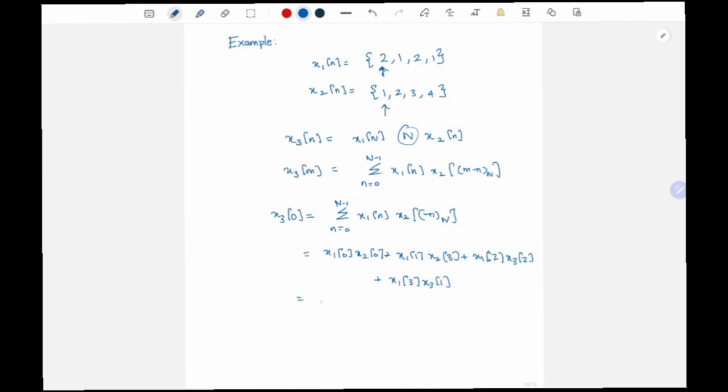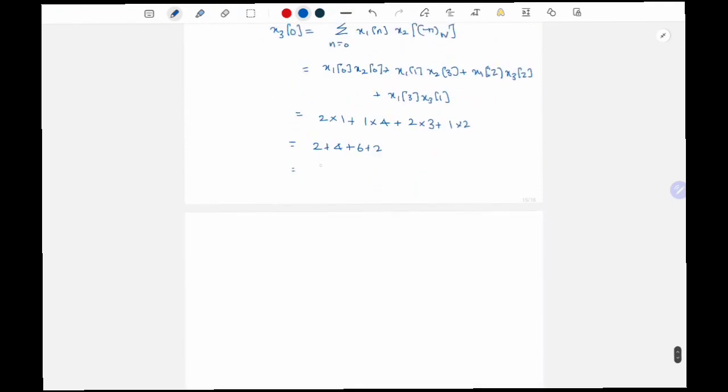So what will this give me? This is 2 into 1 plus 1 into 4 plus 2 into 3 plus 1 into 2. So 2 plus 4 plus 6 plus 2. So this is 14.